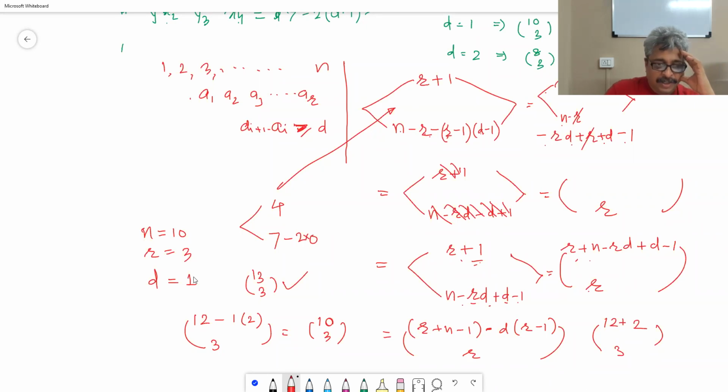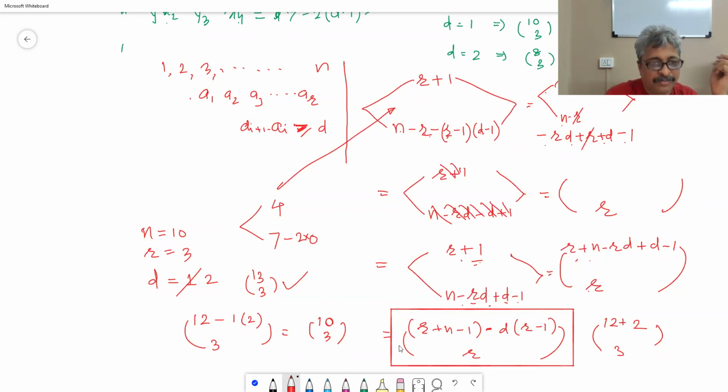In this, if I put d is equal to 2, my answer should be 8, choose 3. Let us see. This is 12 minus 2 times 2, that is 8. Choose 3, correct? This is your final formula for r sequence out of n natural numbers.